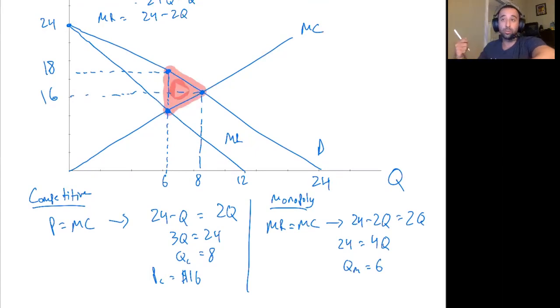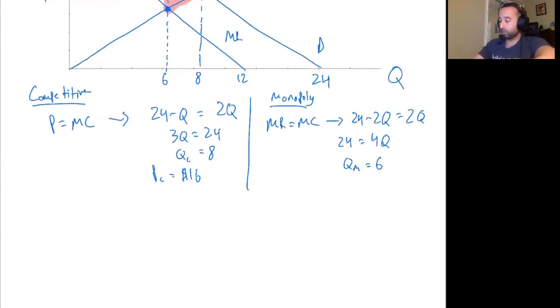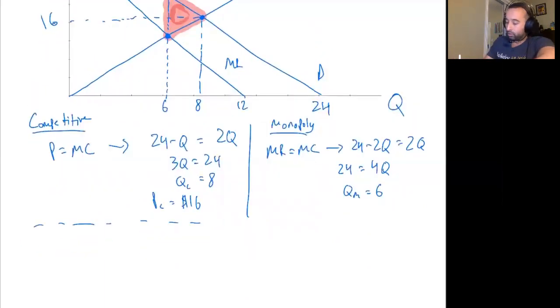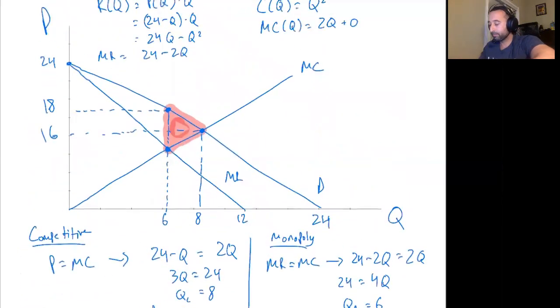So let's show this mathematically. Let's actually calculate the surplus for each of the different markets. Let's calculate the total welfare for the competitive market and the total welfare for the monopoly, and we'll show that the monopoly's welfare is lower by an amount equal to the area of this triangle here. Let's start with competition. Welfare for each of these markets is composed of consumer surplus plus producer surplus. So for competition, how do we find the consumer surplus?